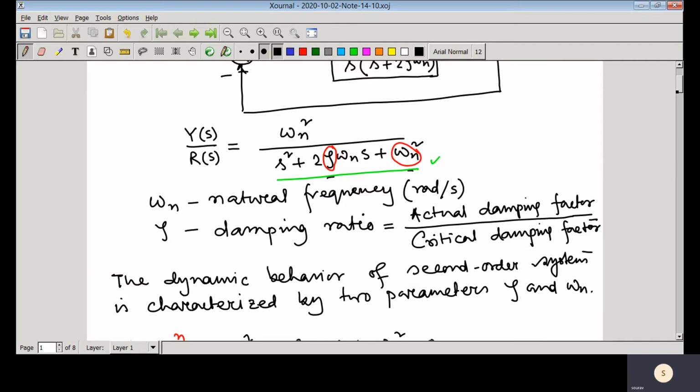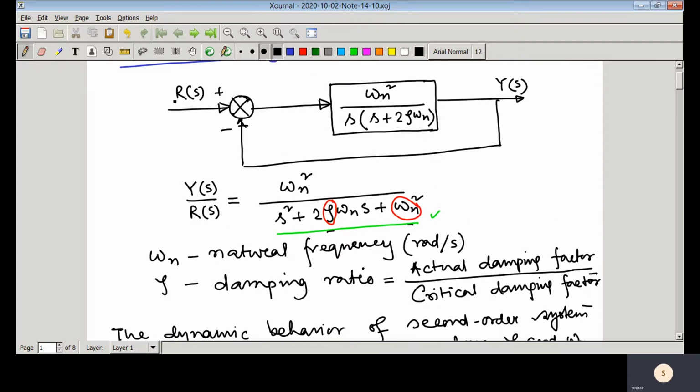Here you can notice that if we apply a step input to this system, that means R(s) is a unit step command, then if we apply the final value theorem, which is limit s tends to 0 of sY(s), with R(s) equal to 1 by s, then the steady state value would be equal to 1.